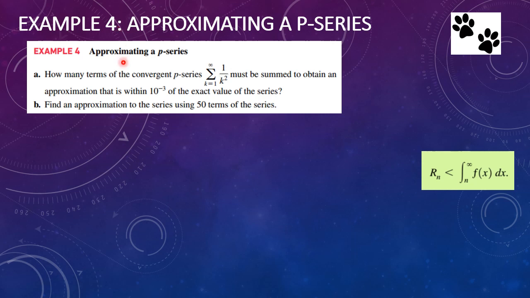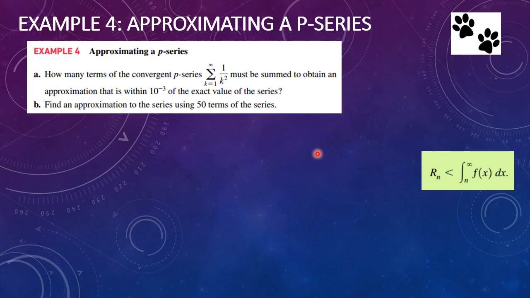The first part, since we're going to find an approximation within a specific value, then what we're trying to do is find this value of 10 to the negative 3 of the remainder. Remember, the remainder of the series is less than the integral from n to infinity of f of x dx.